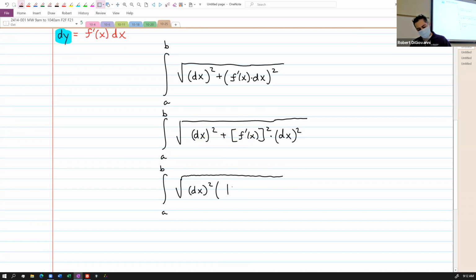Plus 1, right? So 1 plus f prime of x, that thing squared. Close parentheses. So we pulled the dx squared out of both of those.